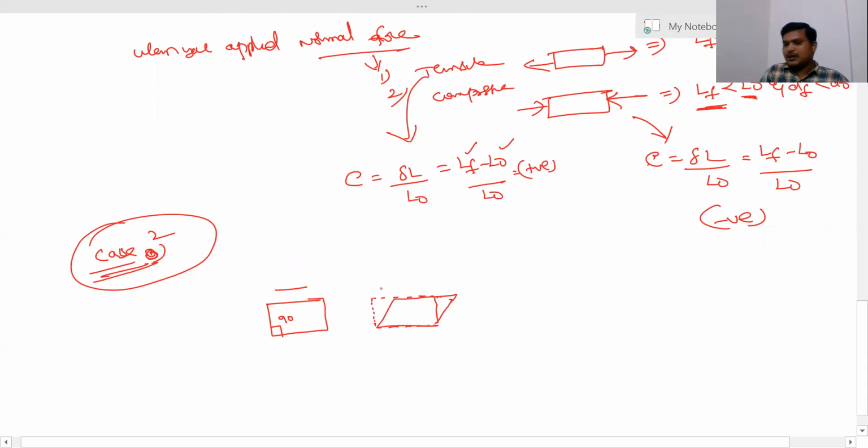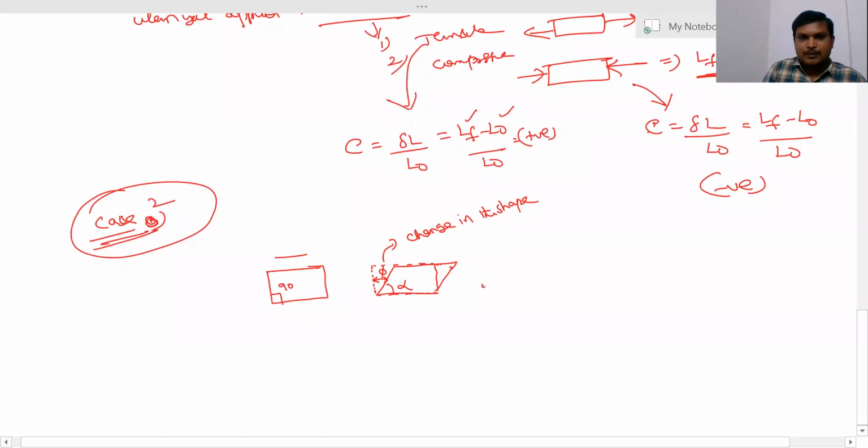Is it clear? This is called change in shape. I'm writing this as alpha. Therefore, the change in angle, called phi here, is equal to 90 minus alpha.